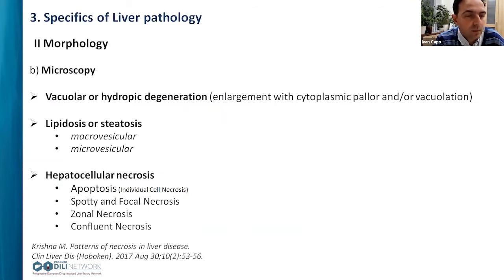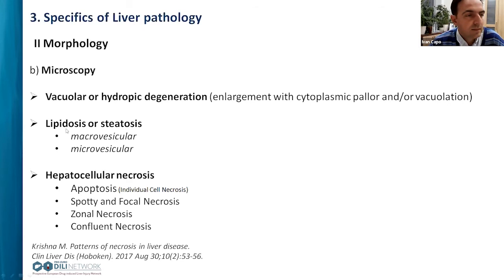So the most important pattern in liver damage is the changes in some hepatocytes. And for these hepatocytes, if we make some grading or staging of the changes, we can expect vacuolar or hydropic degeneration.